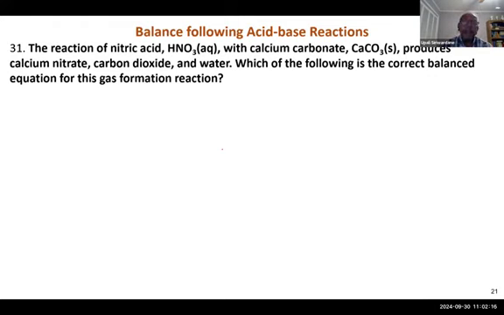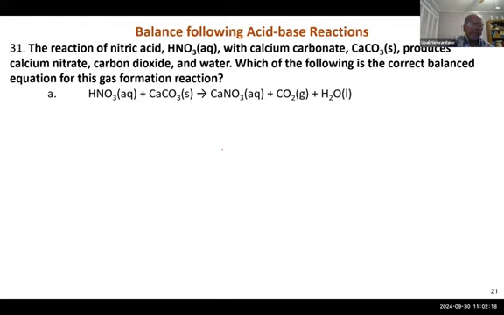Certain reactions, acid with the carbonate, when they react, produce carbon dioxide and water. That's called a gas formation reaction. First, carbonic acid is formed. Then it breaks down to these two.